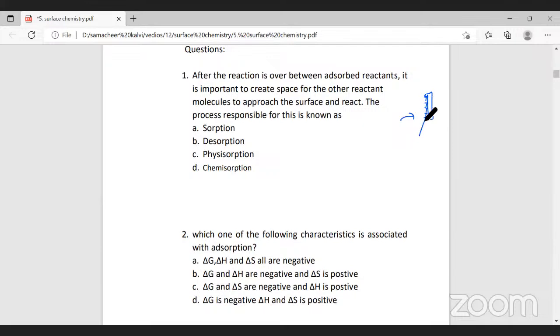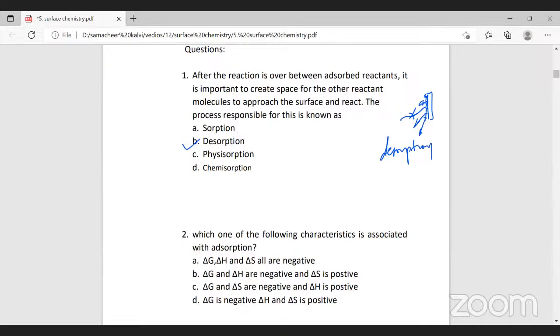Therefore, what happened? These molecules should be removed. The process of removing these molecules is called desorption. So once these molecules are removed, further particles can get adsorbed on that. So therefore, the process is called desorption.